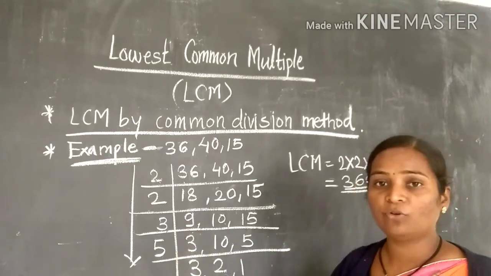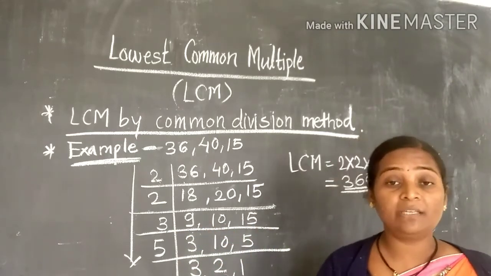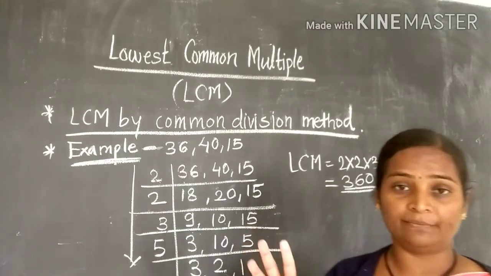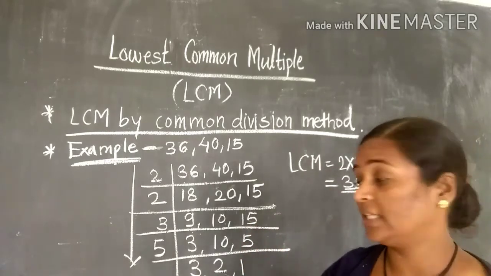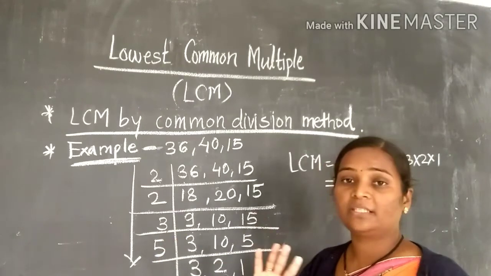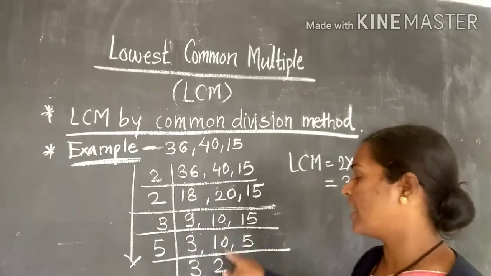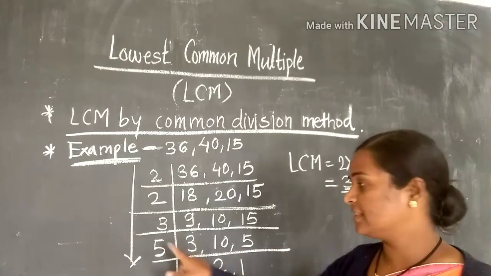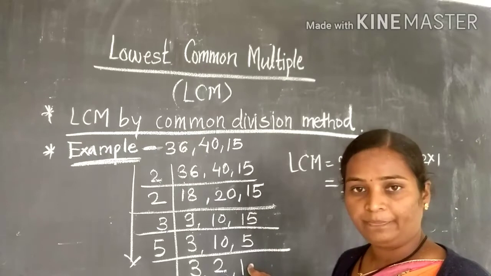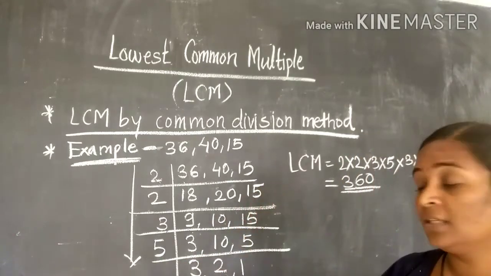Now what we have got here, 9, 10 and 15. So 9 and 15 are divisible by 3. So I have taken here 3, 3 3s are 9, 10 cannot be divided by 3, so I have kept 10 as it is and 3 5s are 15. Next, what I have taken? 5. Why?